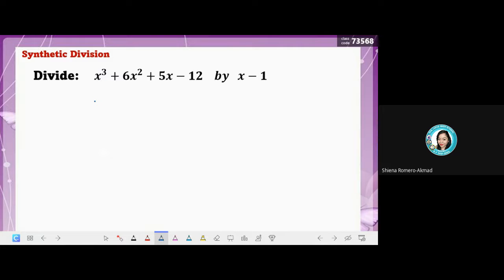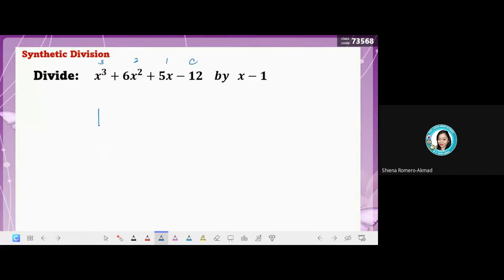So, we have x cubed plus 6x squared plus 5x minus 12 divided by x minus 1. So all we have to do is to make sure that each of the terms is complete. So we have the constant, yung exponent na 1, exponent na 2, exponent na 3. So kompleto.